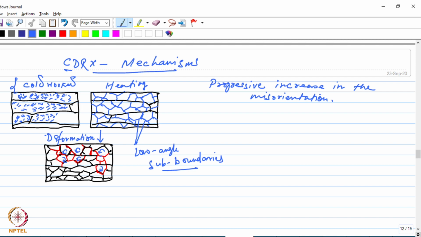So these boundaries which are given in red color are actually those boundaries which have now been converted into high angle boundaries. So you can say that these are the strain induced high angle boundaries, which are generated due to dislocation accumulation and lattice rotation.